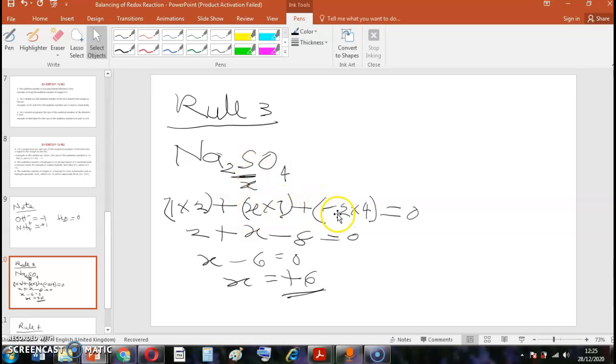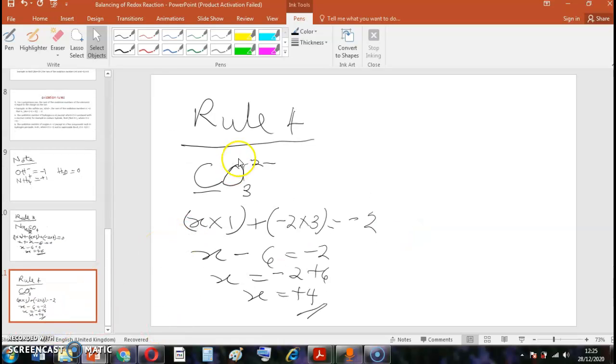Oxidation number for oxygen, I told you, is -2, so -2 times 4 for oxygen. Now, because this is a neutral compound with no charge on top, we equate it to 0. So that's what rule number 3 is saying, from which you can calculate, and then the oxidation number for sulfur is +6. So when there is no charge on the compound, after summing up all the individual oxidation numbers, equate it to 0.